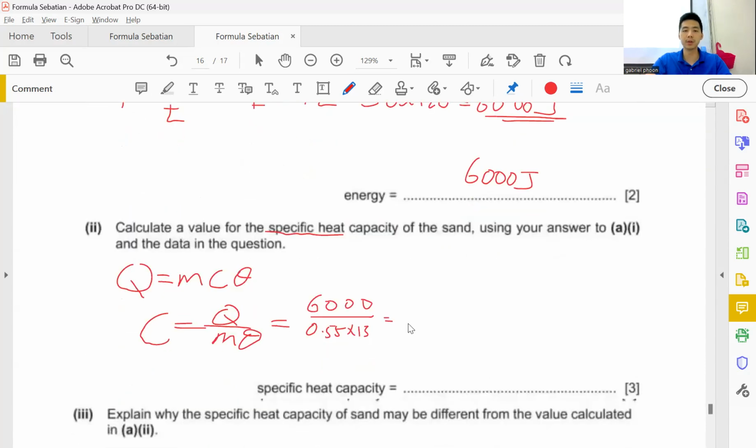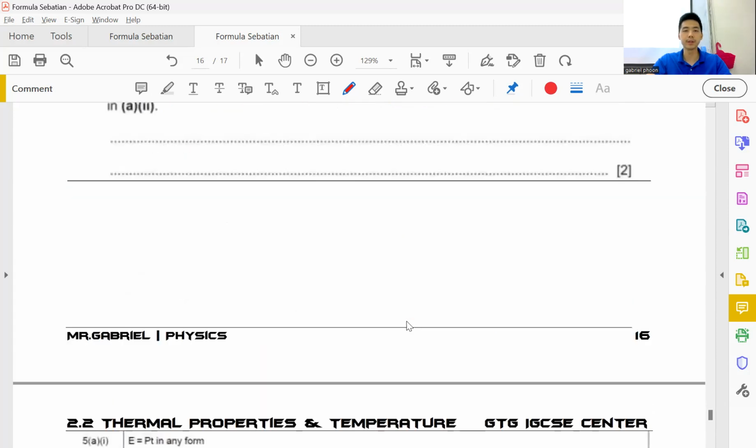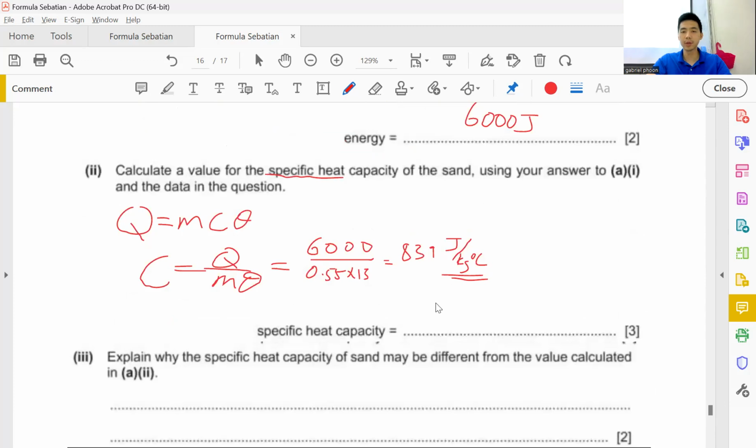Right, and if you press this in your calculator, you'll get 839 joules per kg degree Celsius.